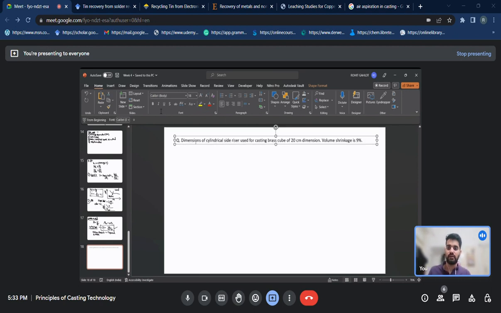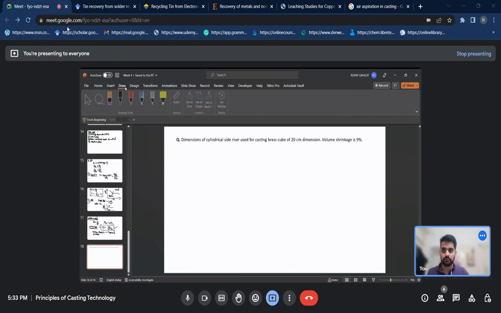So we need to see how to solve this. For any type of riser, as it is already covered in theory, generally if nothing is mentioned in the question, for the side riser we take H equal to D. Okay.